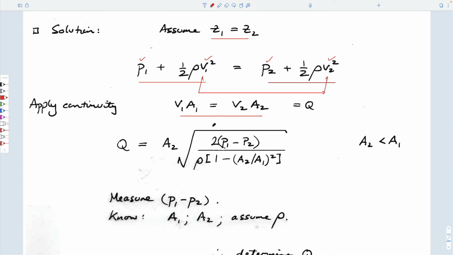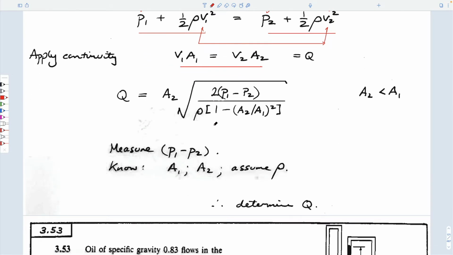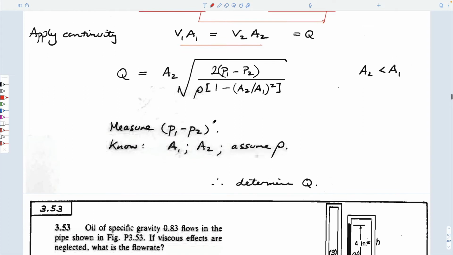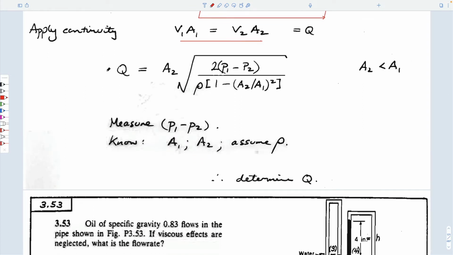I won't go through the math that can do it. Hopefully you're trusting me by now, but it comes down to being a flow rate, which is equal to, I guess this would be velocity 2 times area 2, which is going to be the same as velocity 1 times area 1. I'm guessing it's that V2A2 because A2 is in here.